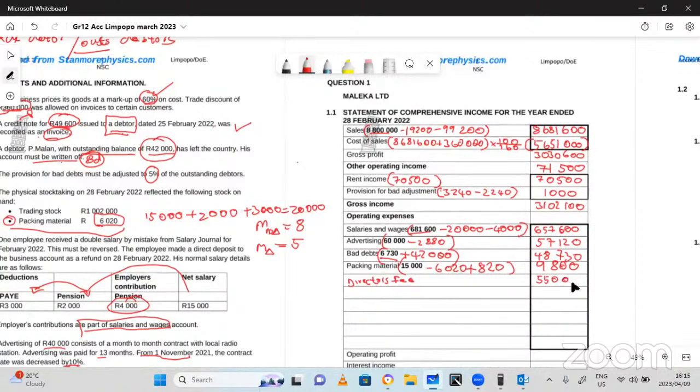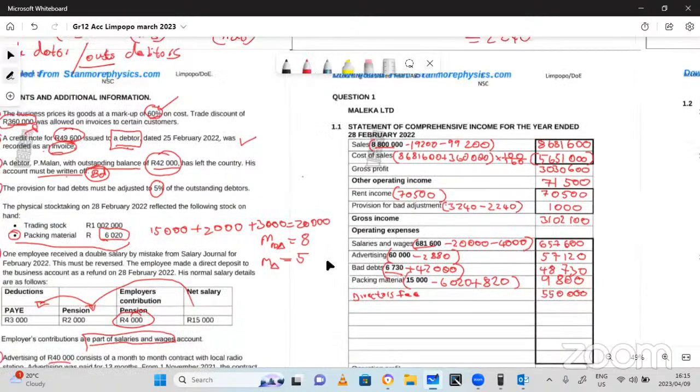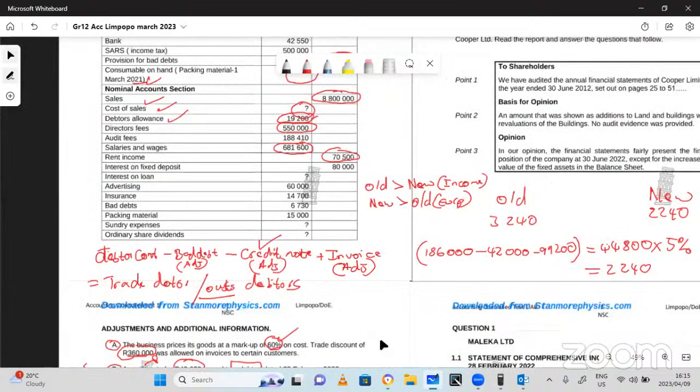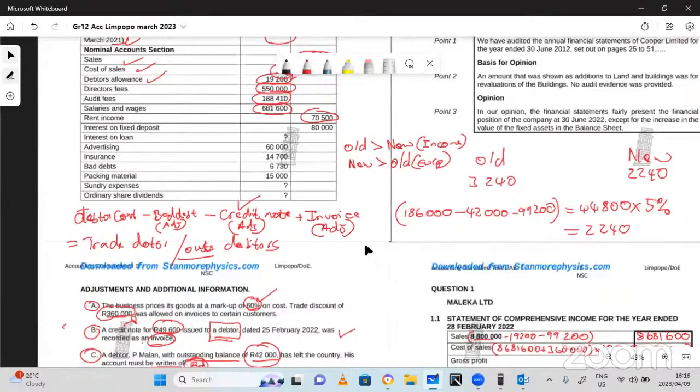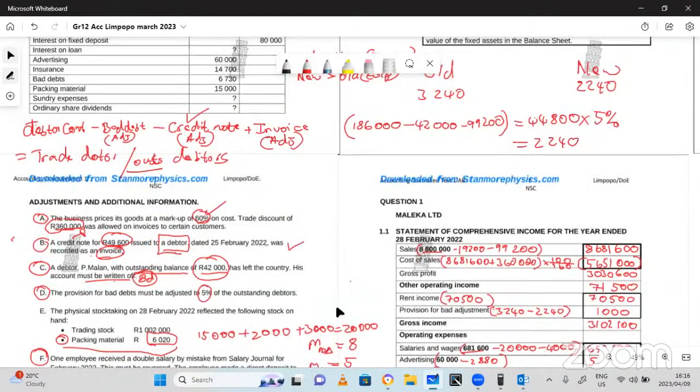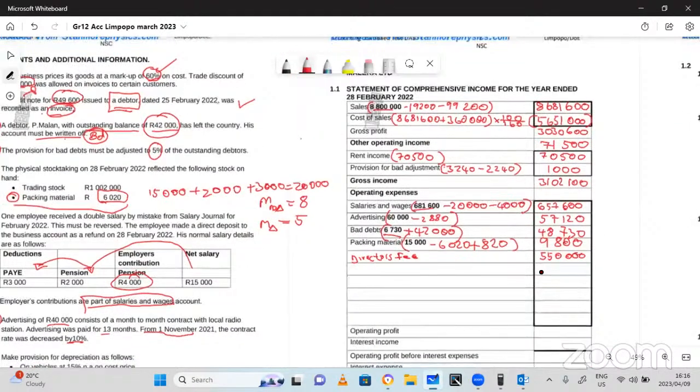Let me double check so that I won't confuse you guys. 550,000. And also the audit fee, there's nothing said about it. Without wasting time, we take it as it is, 188,410. So this is our audit fee.